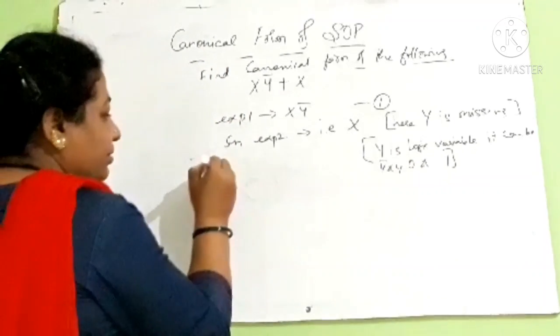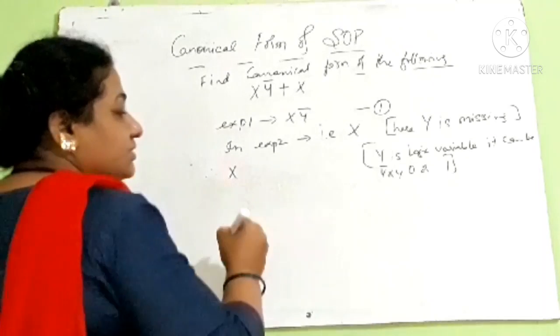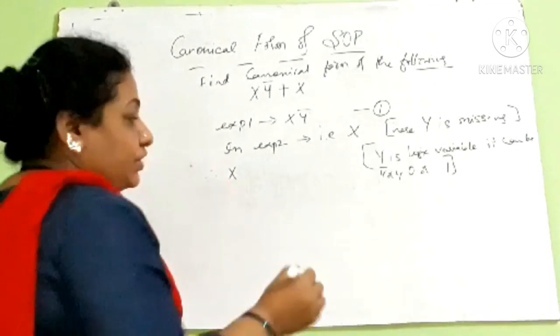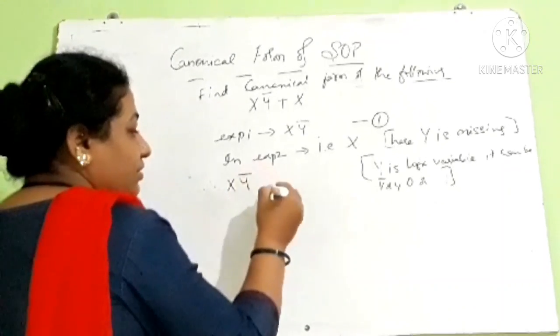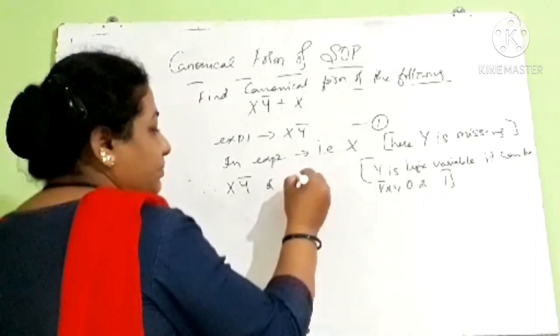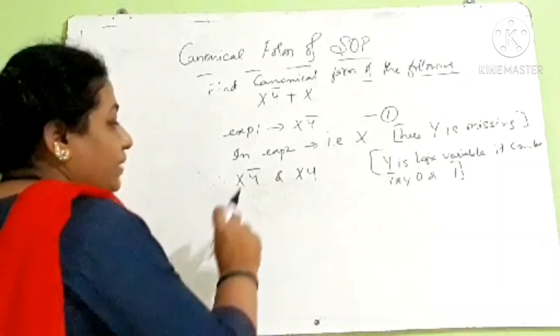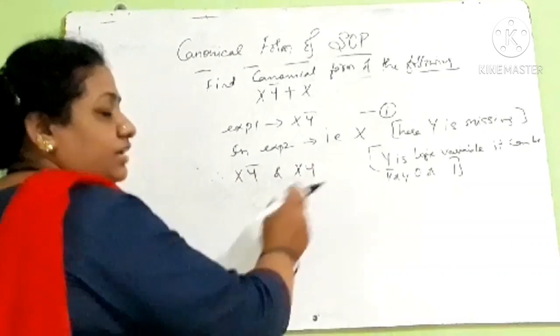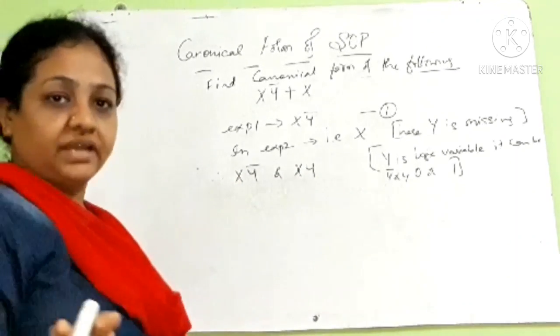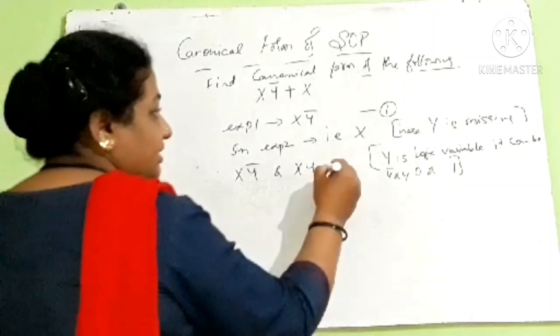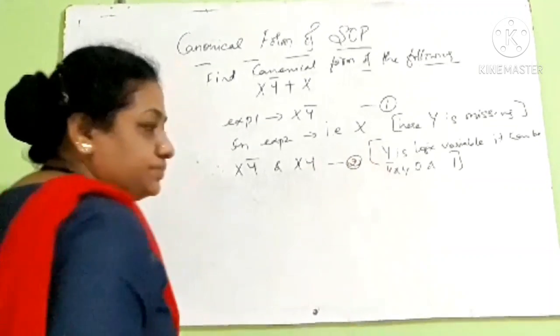So x will remain the same, and y can be y bar or y. Fine everybody. So now we see both the variables in expression 2.